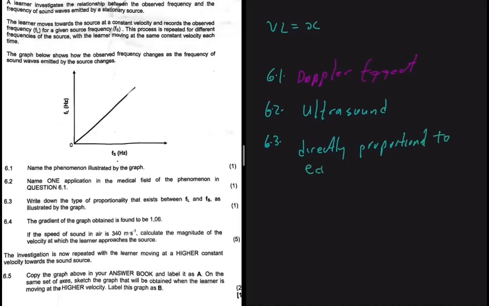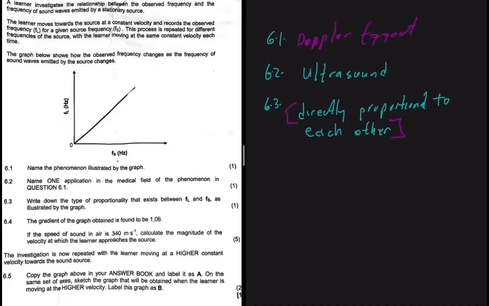If you want to go further, you can even say that as FS increases, FL increases, right? But yes, just 1 mark, so this will be sufficient. But if for instance it was for 2 marks, then you would say that as FS increases, FL increases.